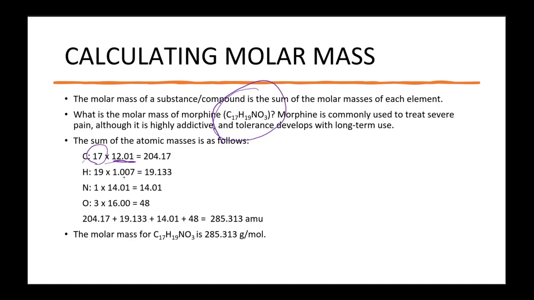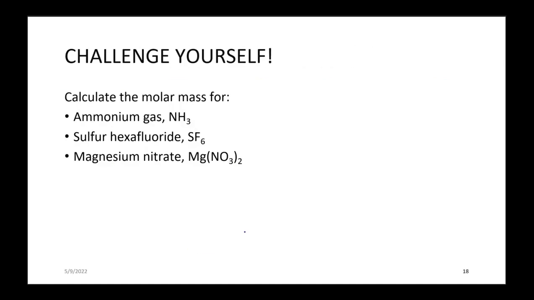Find hydrogen's mass, times that by 19, because there's 19 of them. There's 1 nitrogen, and there's 3 O's. Add them all up, and that would be 285.313 AMUs, which means that its molar mass is 285.313 grams per mole.